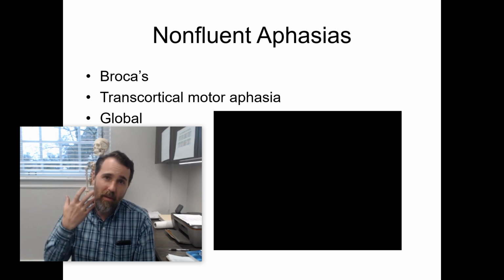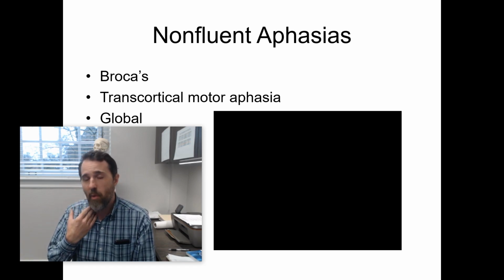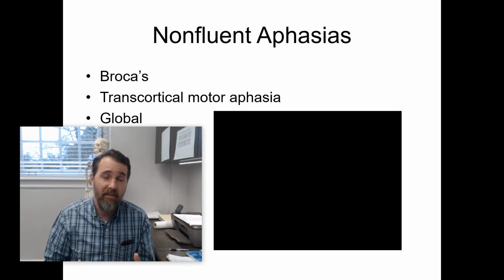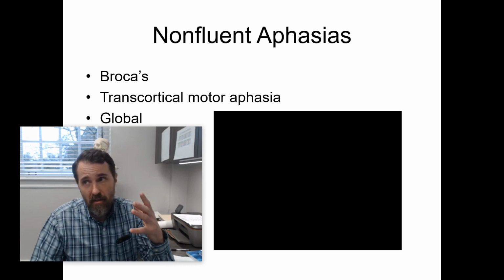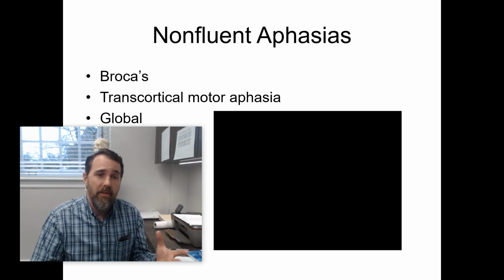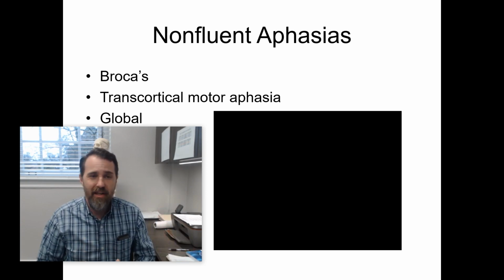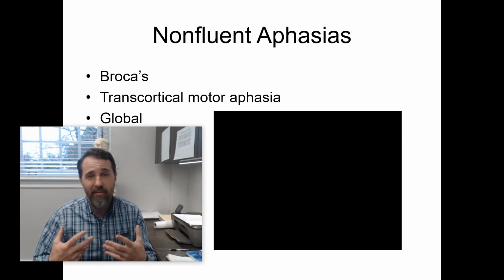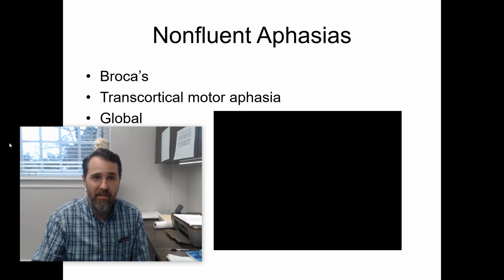And they're also probably going to be having some swallowing deficits as well. They're also probably going to be having some cognitive deficits as well because one of their frontal lobes is damaged. So your non-fluent aphasia guys, we see them for lots of different deficits.